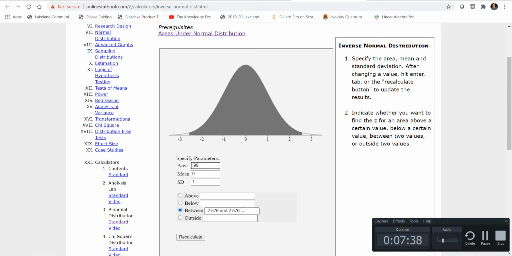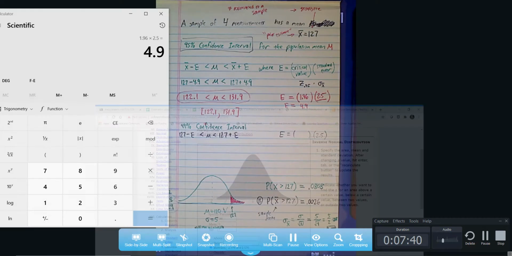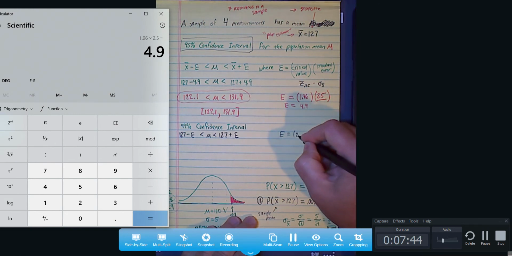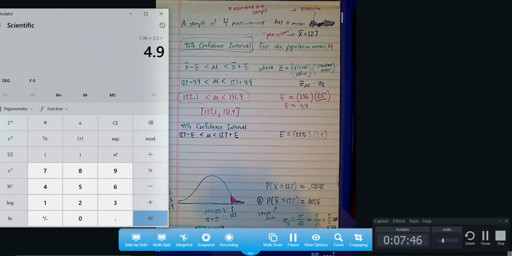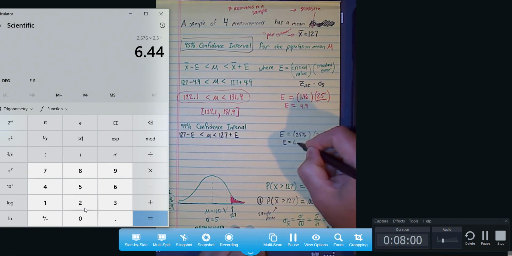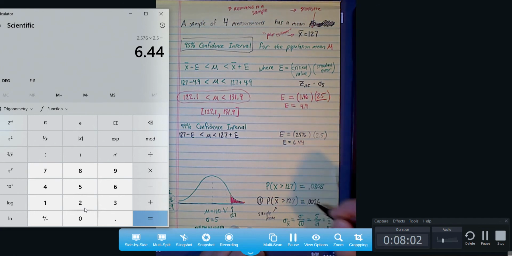So that's different. So if we go back to our paper, and if we put 2.576 here, okay, so let's try that. 2.576 times 2.5, which was our standard error. Now I'm getting the error is 6.44.